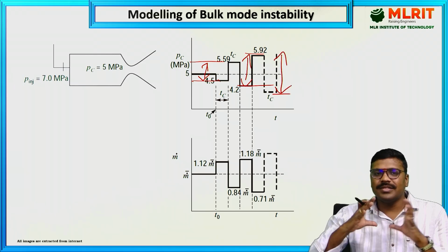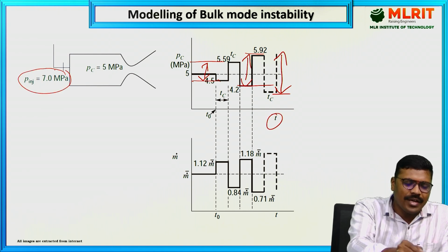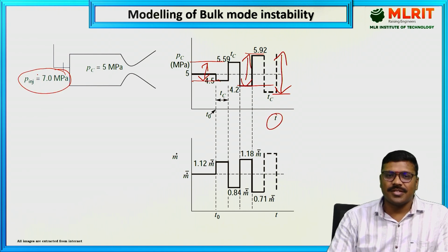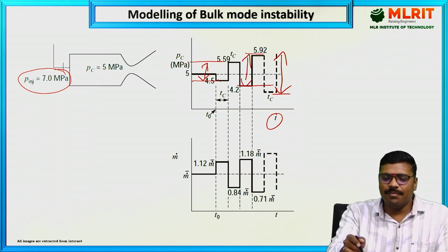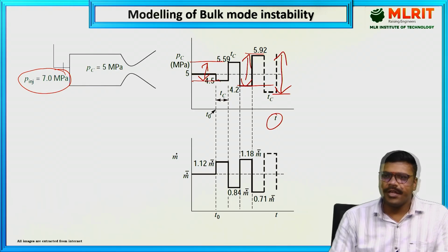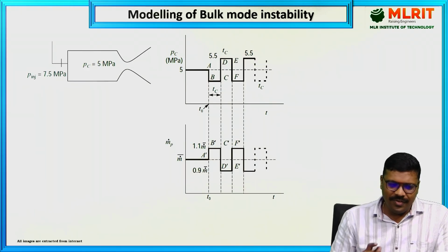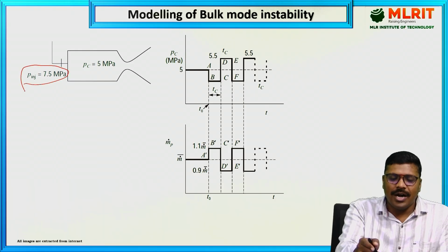The pressure oscillations increase with time when you maintain 7 megapascal injection pressure. This type of combustion instability is called increasing amplitude mode.